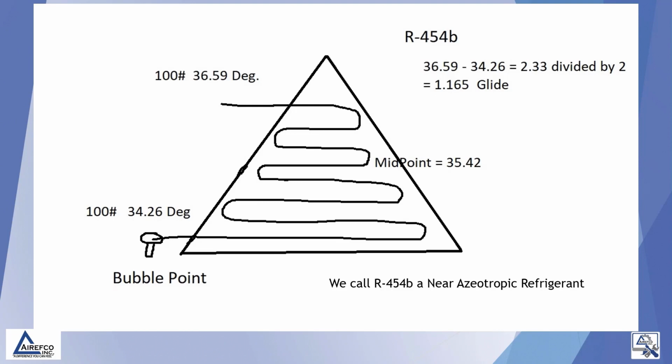To find our glide, we take 36.59, subtract 34.26 from it to get 2.33, and we divide that by 2, which gives us a 1.165 glide. This also gives us a midpoint temperature of our coil of 35.42. This is why we call R454B a near azeotropic mixture, because it acts like a single component refrigerant with only a 1.165 glide ratio.